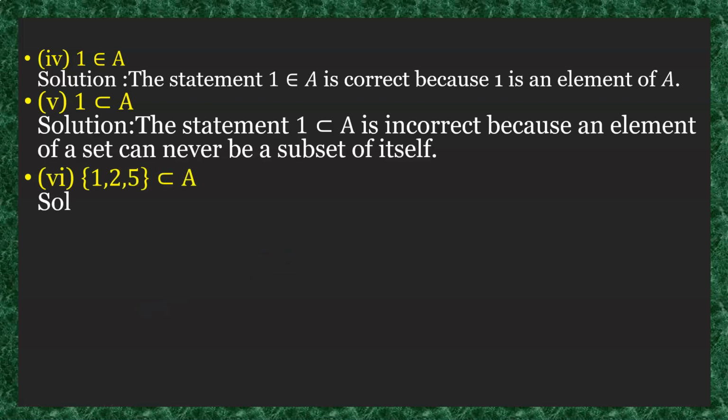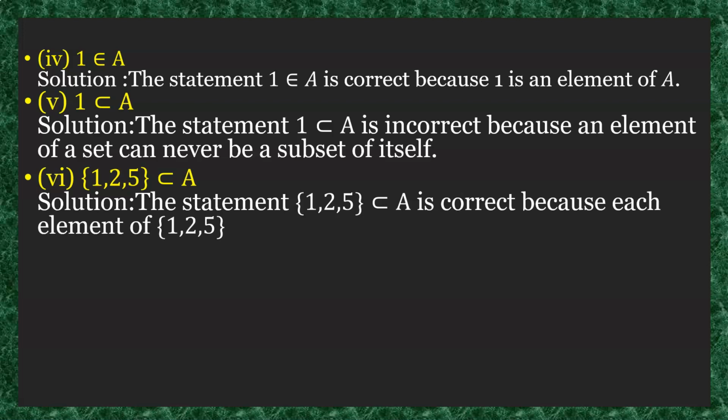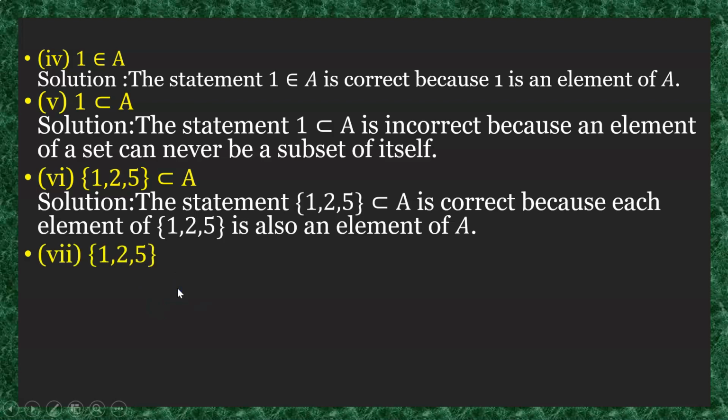Next is {1, 2, 5} is a subset of A. The statement {1, 2, 5} is a subset of A is correct because each element, 1, 2, 5, is also an element of A.